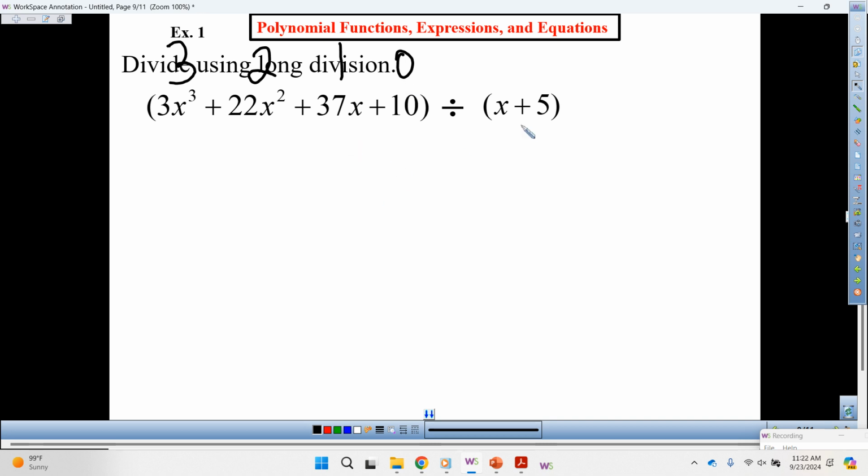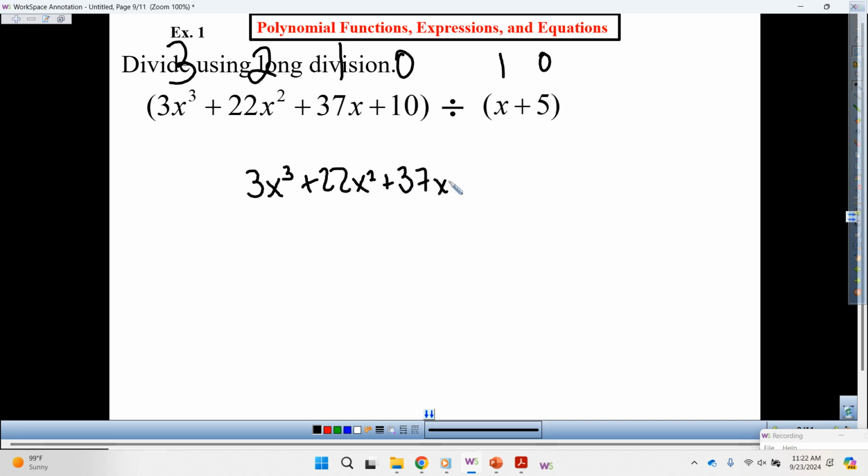But I need to do the same for this one. 1, 0. Yes. Okay. So that's step 1. Step 2. We're going to do our long division. So I write 3x cubed plus 22x squared plus 37x plus 10 divided by x plus 5. Write that down, please.